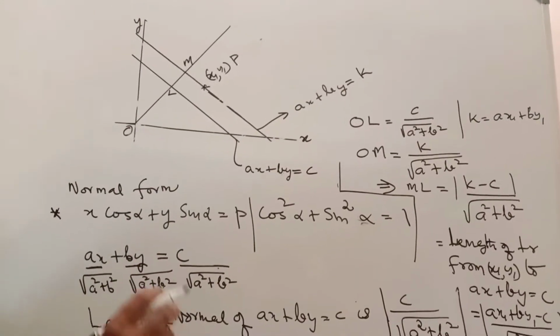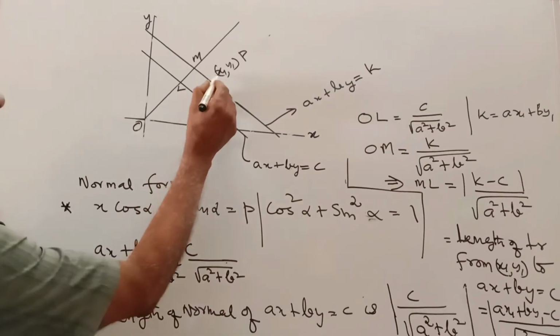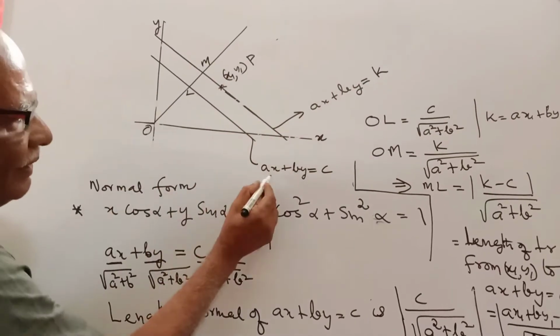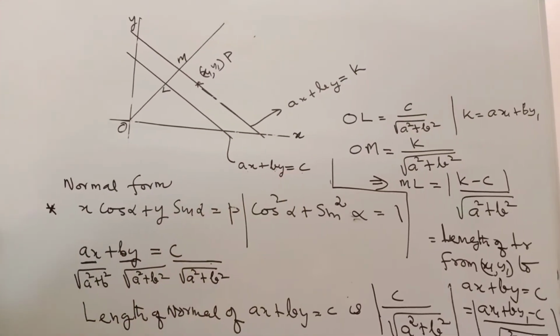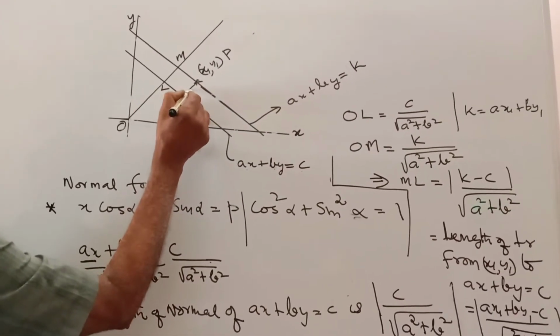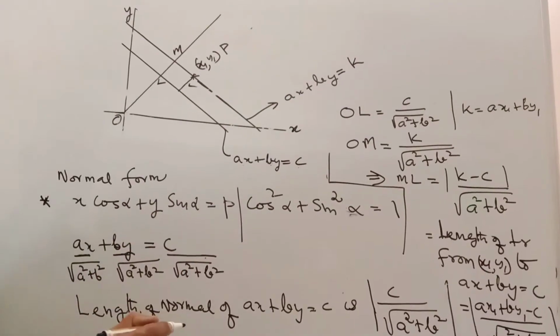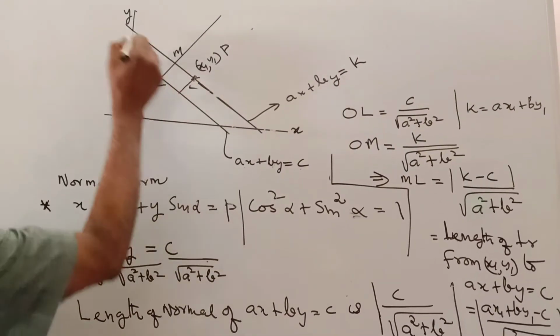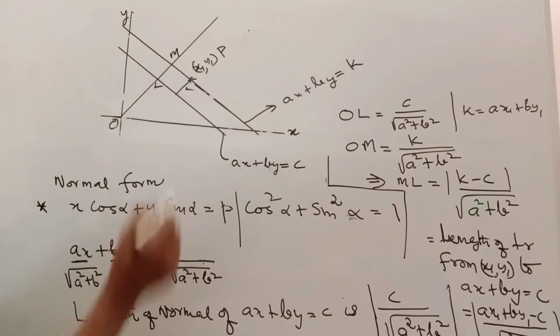Now we consider an idea. Length of the perpendicular from a point x1, y1 to a line ax plus by equal to c. So we have the perpendicular. We require the length of this perpendicular. Now what we do is, we draw a parallel line through x1, y1.